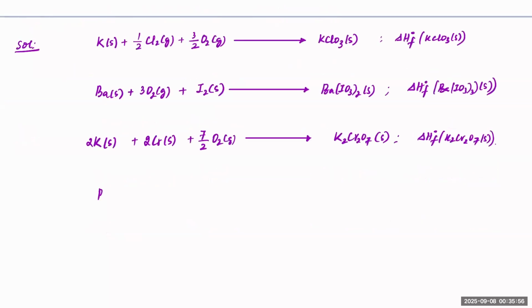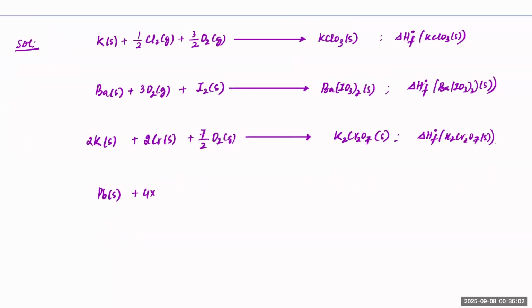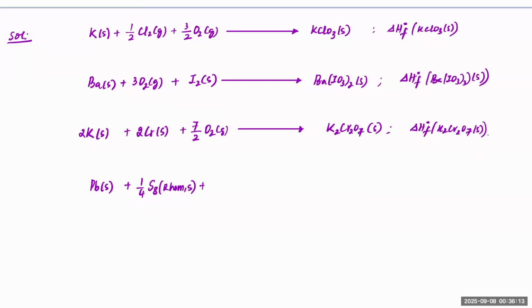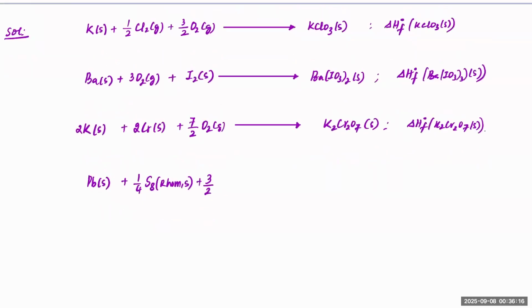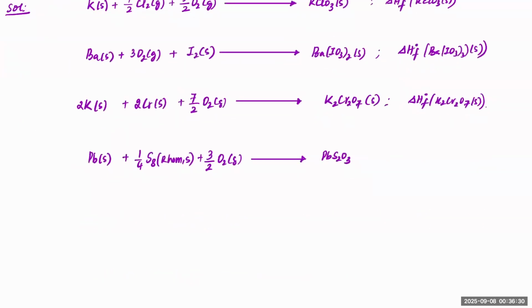Next, lead in solid form, plus 1 by 4 times S8 rhombic solid, plus 3 by 2 times O2 gas, will give you lead thiosulfate solid. So this will be delta H of formation of PbS2O3 solid.